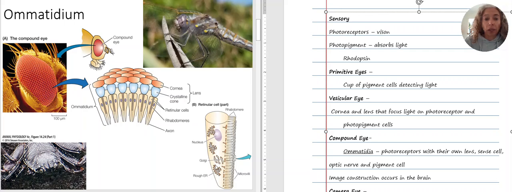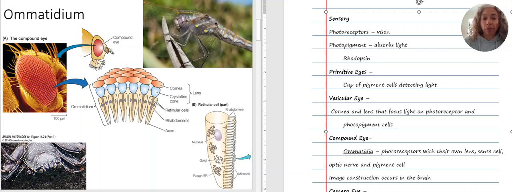That's going to have a nucleus, a Golgi body, a rough endoplasmic reticulum to make proteins, and then some pigment. Each ommatidium acts as its own functional unit, having its own lens, sense cell, optic nerve, and pigment cell.